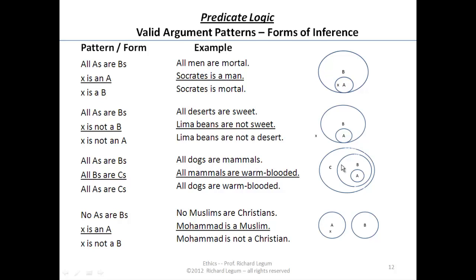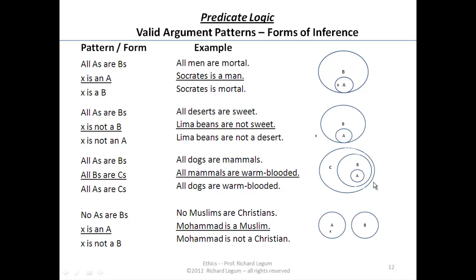All dogs are mammals. Now, we go to the second premise. Everything that's a mammal, anything that's a B, the circle containing all the B things is going to have to be within all of the C things. And notice what we see: all things in the A circle are in the C circle. Looks like a good inference. It is a good inference, a good pattern of argument. Those are the three main ones that you're going to see.